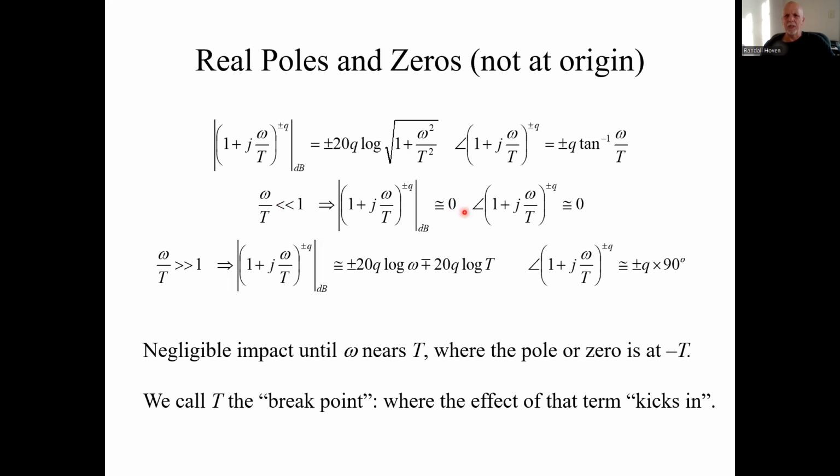That's 0 dB, and the angle of 1 is 0. So for small omega, omega much less than that T, which we're going to start calling the break point, the break point for that term.